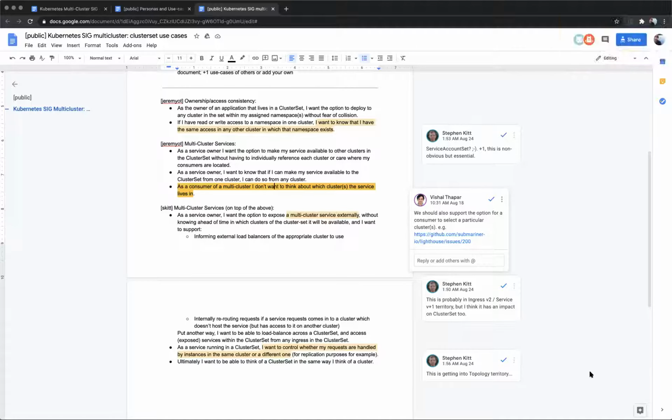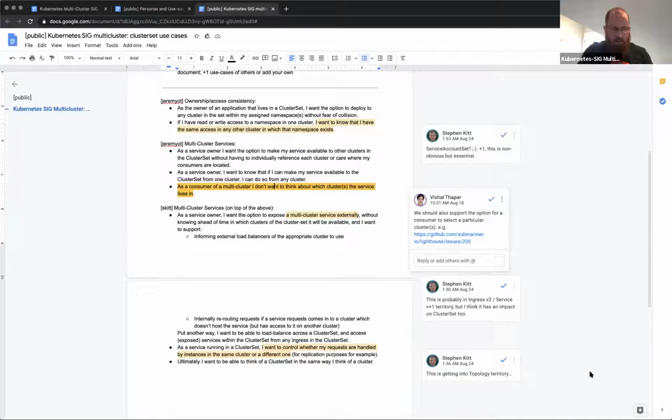So the common denominator is that you want data replication and you want your data to be safe according to certain metrics. And to provide that, the cluster that's providing the data storage has to have its own idea of what makes the data safe.